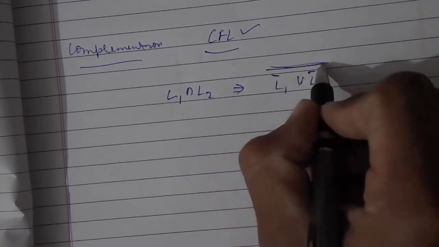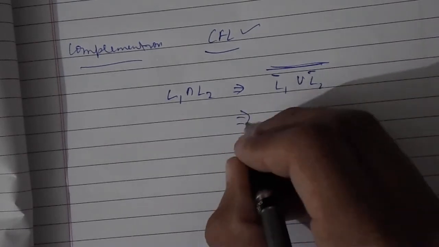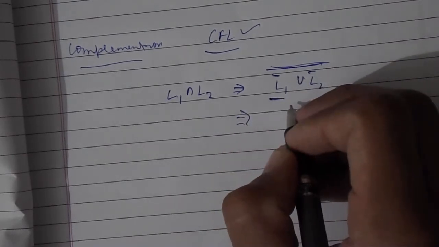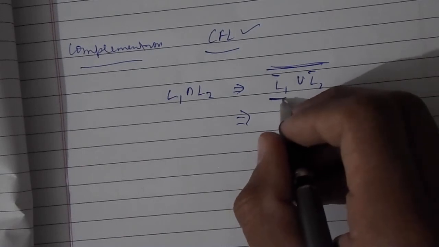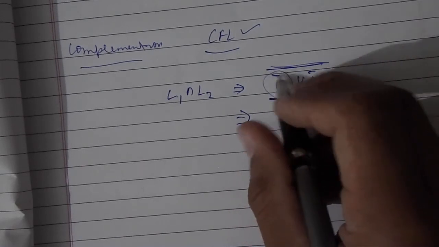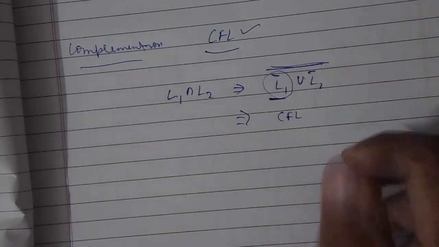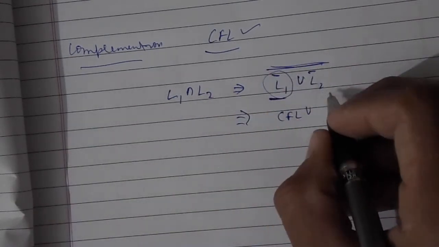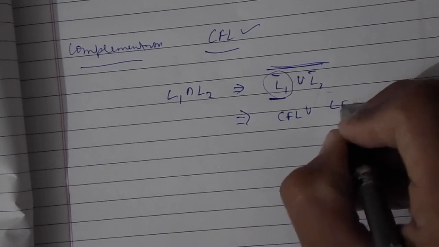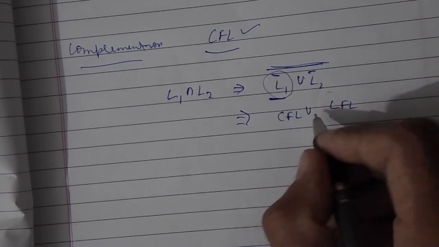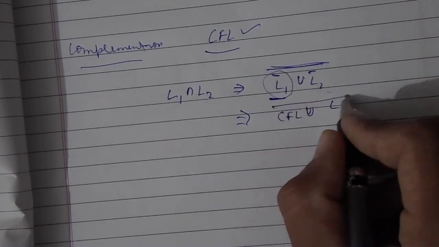We have assumed that our language is closed under complementation, so L1 complement gives us the same kind of context free language, and L2 complement is also a CFL.